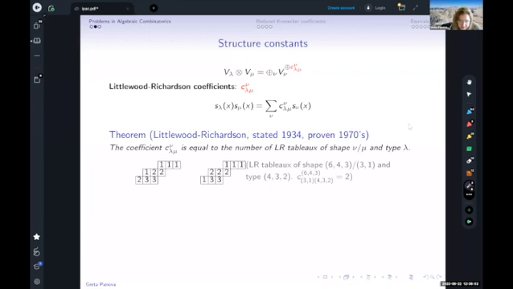There is another condition, that the reading word should be a ballot sequence, so it's not all semi-standard Young tableaux, it's actually a very small portion of them. So this rule motivates a lot of questions and research in algebraic combinatorics.